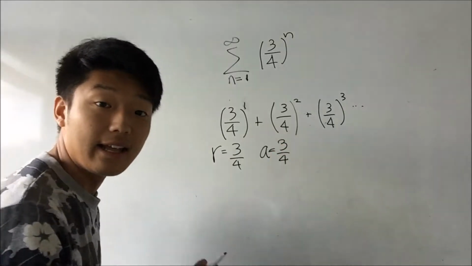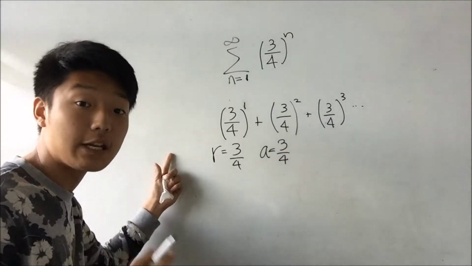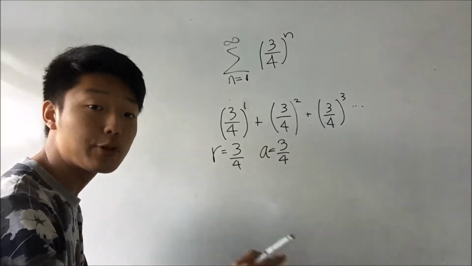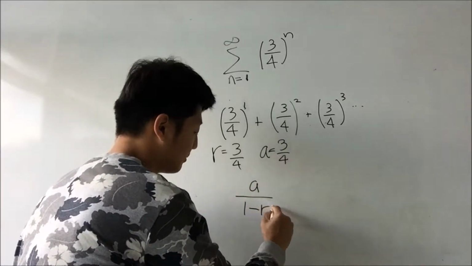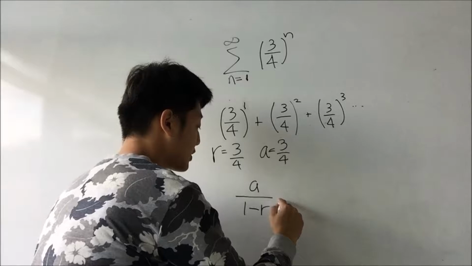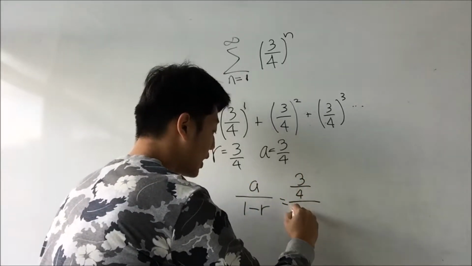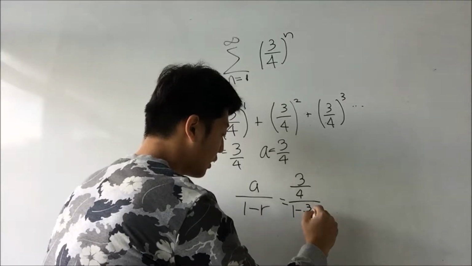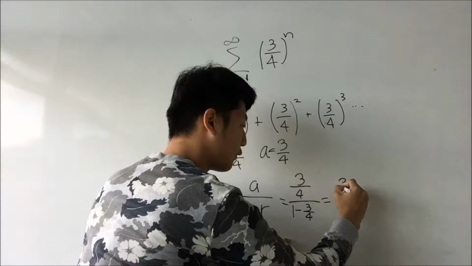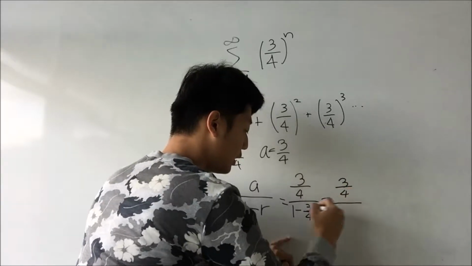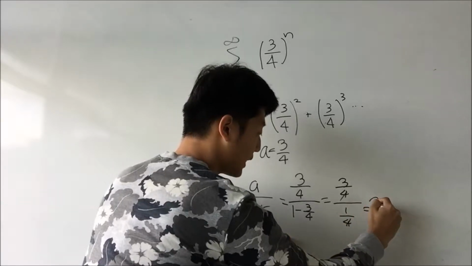And again, last video I talked about the sum of a geometric series, which is a over 1 minus r. So let's plug it in. 3 over 4 over 1 minus 3 over 4, which is 3 over 4 over 1 over 4, which cancels out and becomes 3.